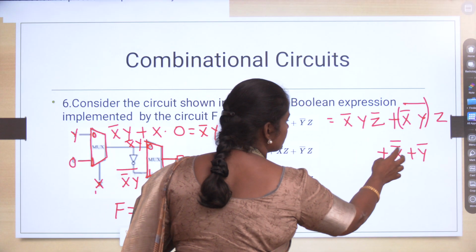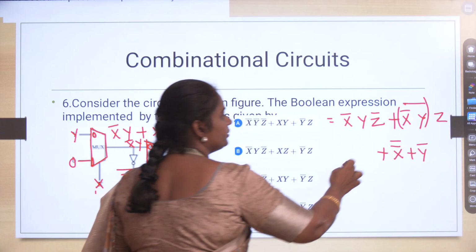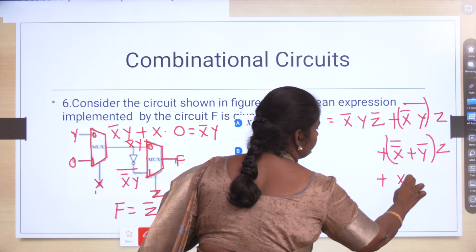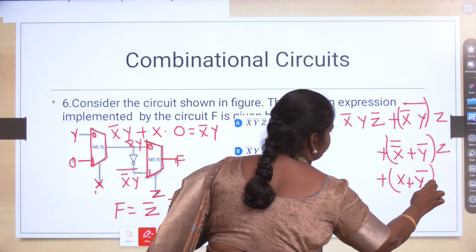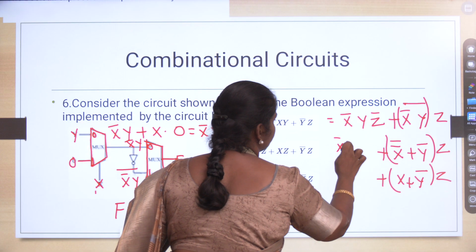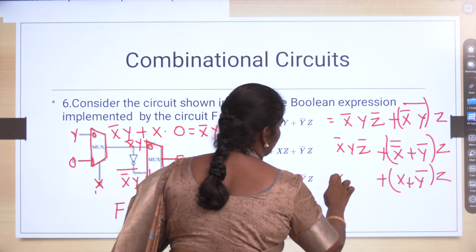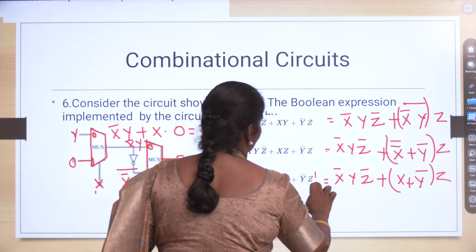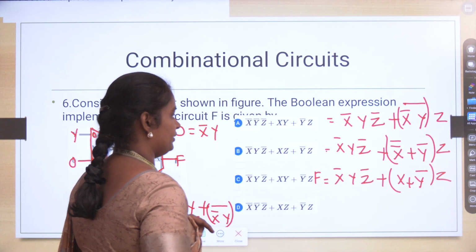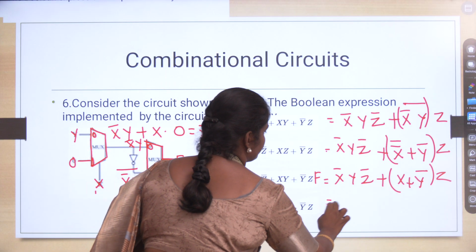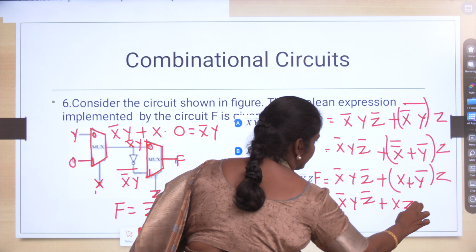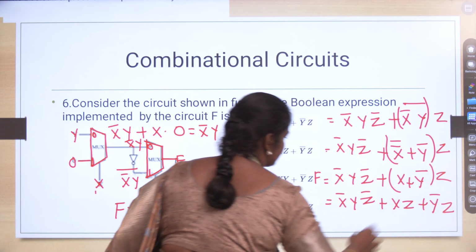X double bar means the bars get cancelled, into z. So x plus y bar, into z. Already we have one more term, that is x bar y z bar. So all are equal to your output equation F. So you can write F is equal to x bar y z bar plus x z plus y bar z.